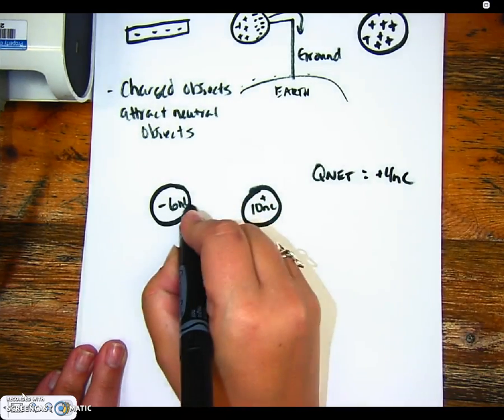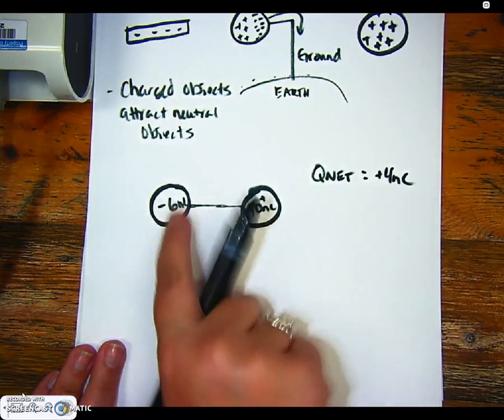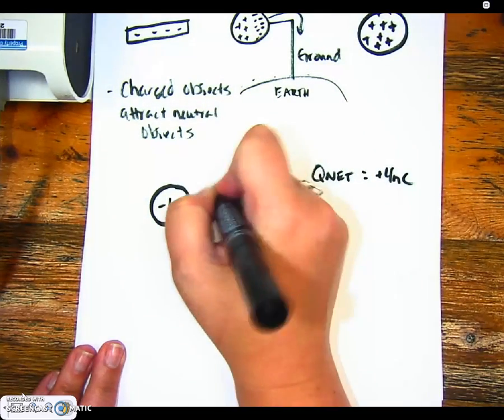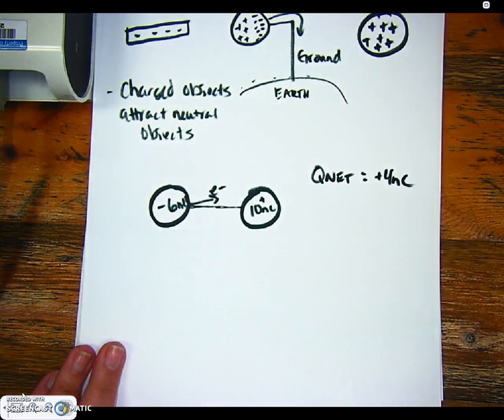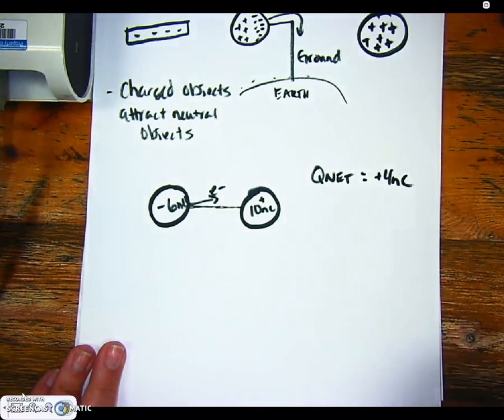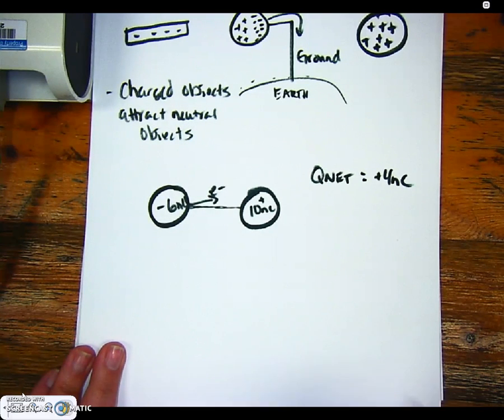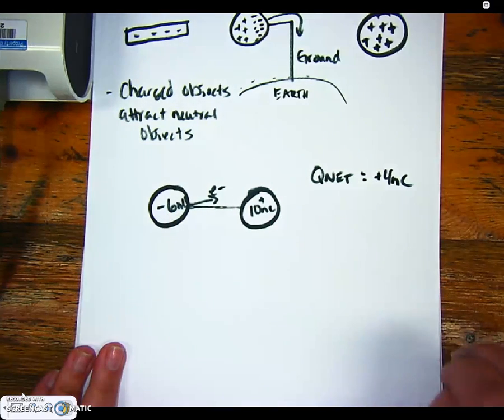If I connect them by a wire, then the electrons on the negative sphere would rush across and go over onto the other sphere. Because they're the same size, they would move until both spheres reach equilibrium and have the same charge, because the electrons are going to move until they reach an equipotential.